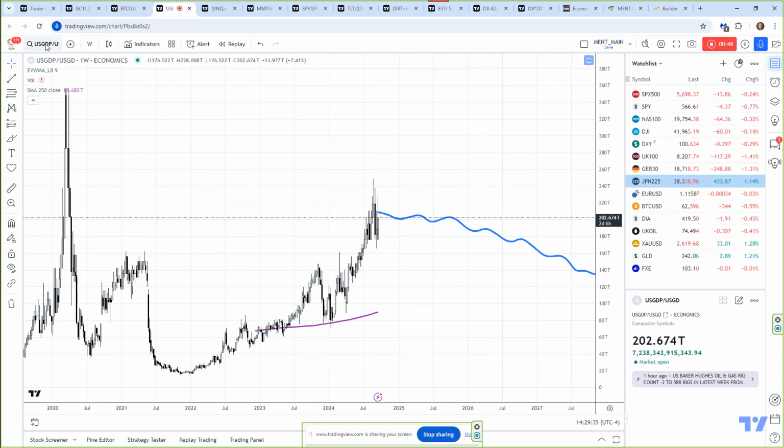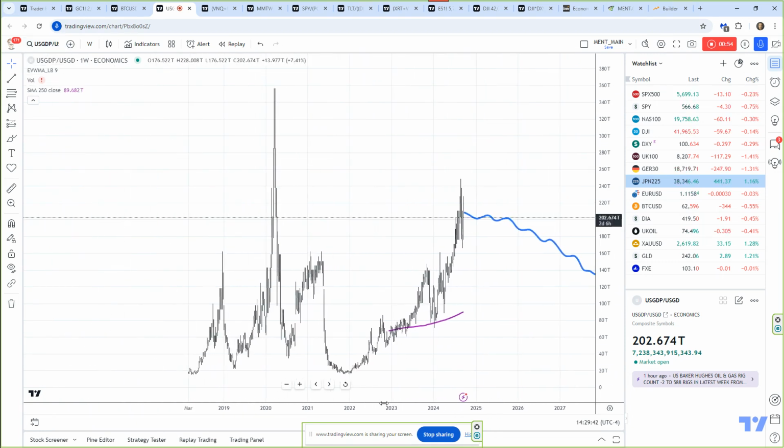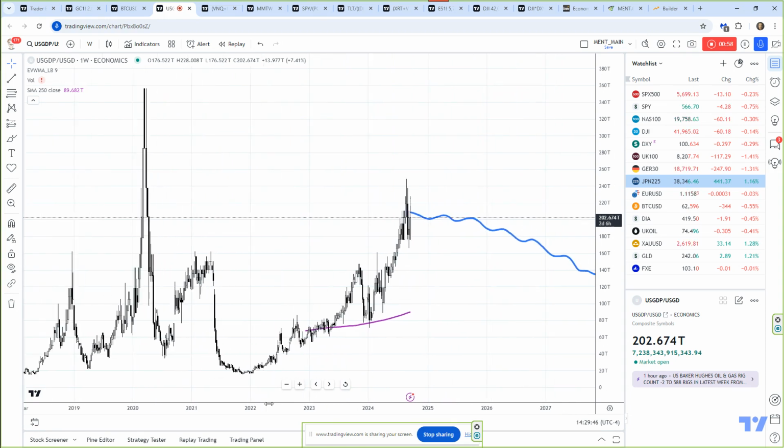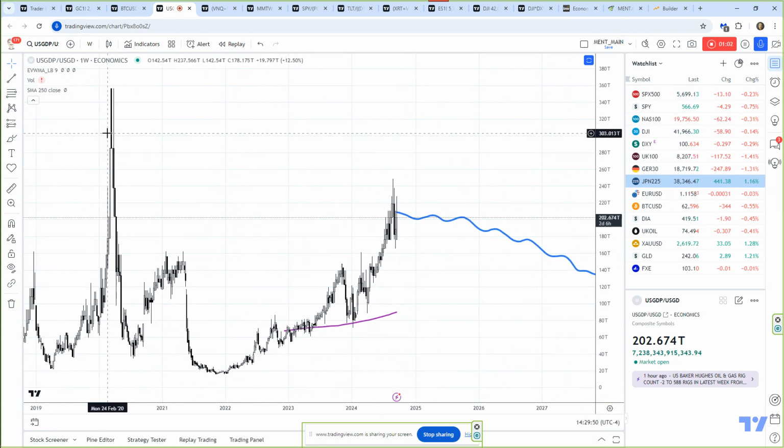So, this is the US debt to GDP ratio. It doesn't go back very far, it goes back to 2019. This is weekly. I was hoping it would go back a lot further. But understand that we've seen these peaks in the debt to GDP ratio. When we're up at these peak levels, this means we're pumping up a bunch of new debt.